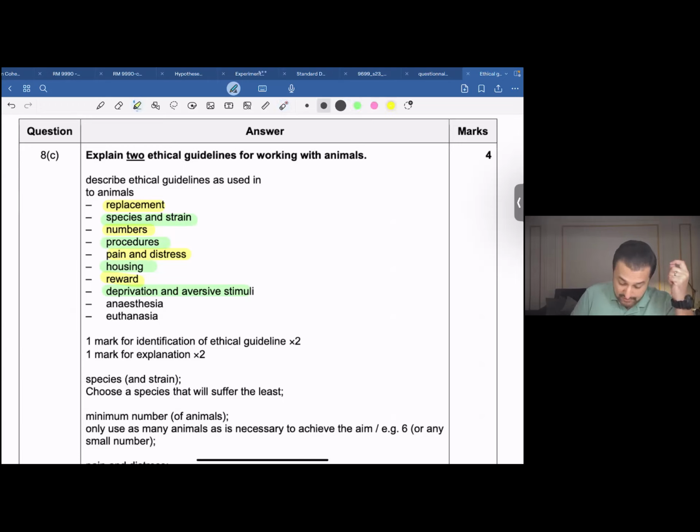Anesthesia, if the procedure has to do with anything that would cause the animal pain, use anesthesia. I'm sure you all know what anesthesia is, right? What your dentist uses while you go visit him, right? So euthanasia, for the ones who do not know what euthanasia is, also referred to as mercy killing. Try avoiding it, of course.